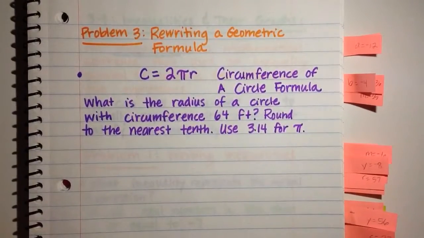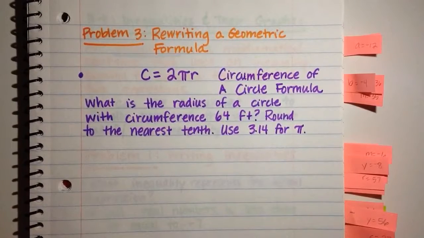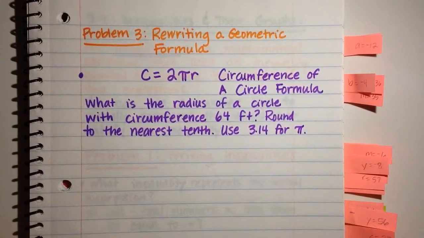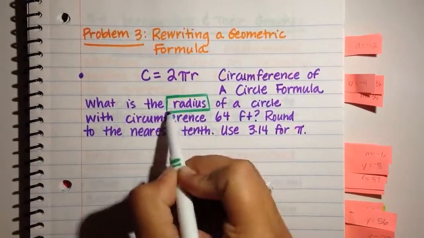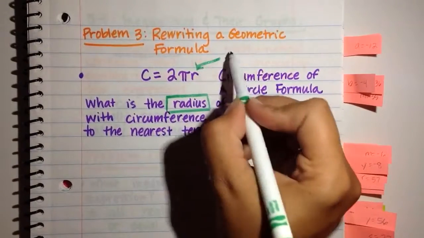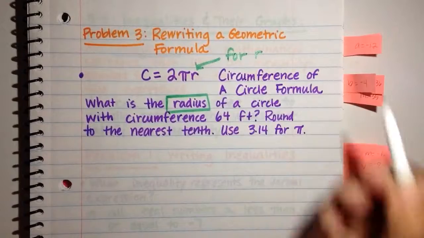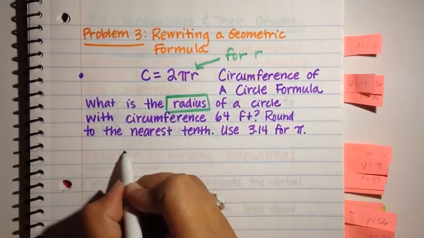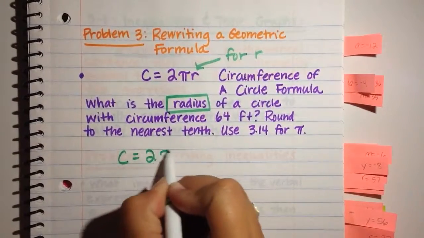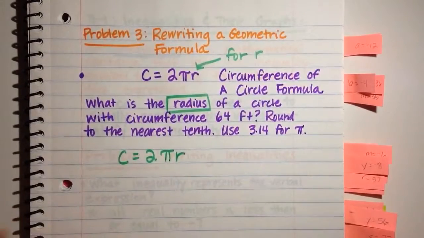Rewriting a geometric formula. We're given the formula for the circumference of a circle, C is equal to 2 pi r. What is the radius of a circle with a circumference of 64 feet? It's asking us for the radius, so we're going to need to solve this equation for r.